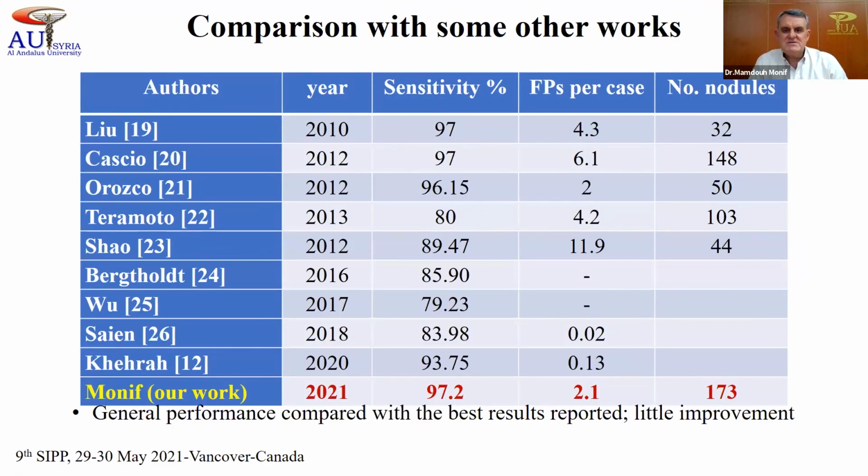As a comparison with other works, we compared our work with 8 or 9 works from 2010 to 2020. We can see our work is better in sensitivity, with 97.2% sensitivity, and false positives of 2.1 for 173 nodules.